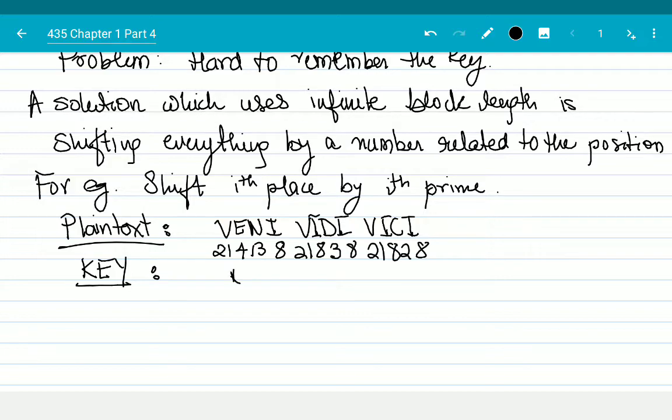And the key that I'm going to be using is going to be all the primes, right?